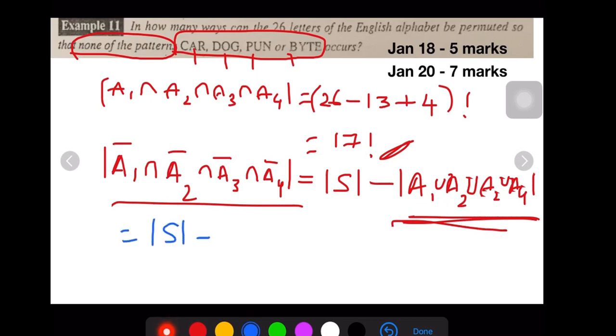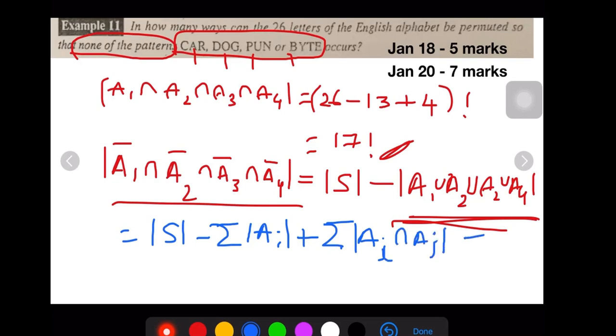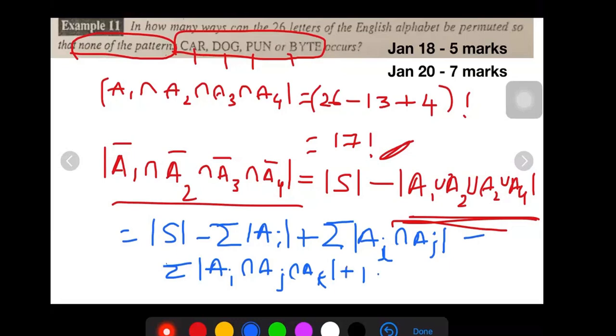Mod S minus the summation of all singleton sets, plus the summation of all Ai intersection Aj, two sets, minus the summation of the intersection of three sets, Ai, Aj, Ak, and all four. Since only four terms are there, the last term would be of this kind: A1 intersection A2 intersection A3 intersection A4.